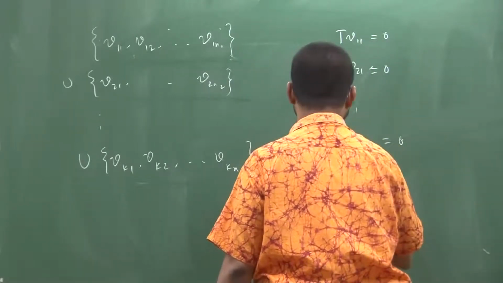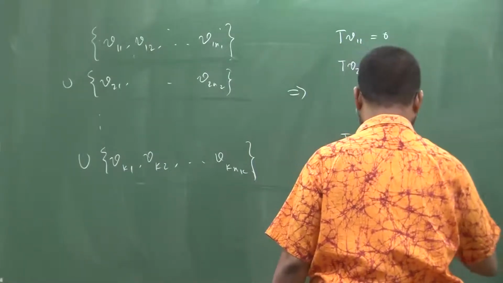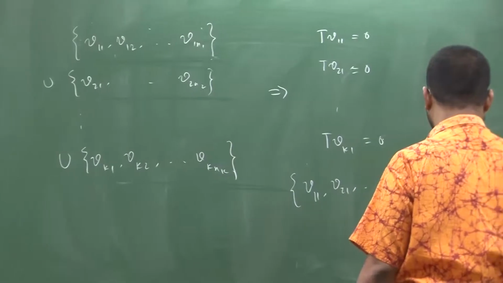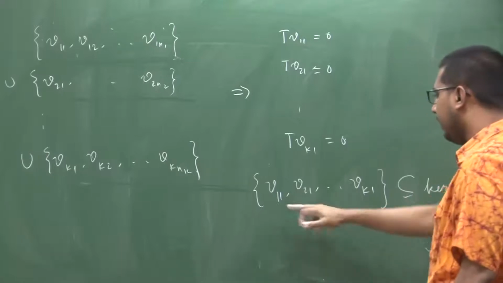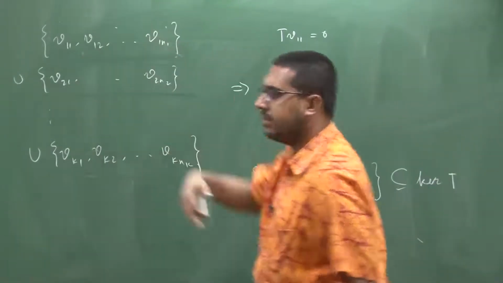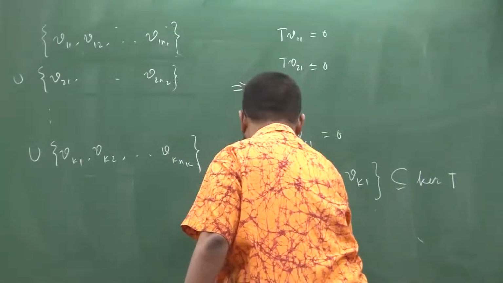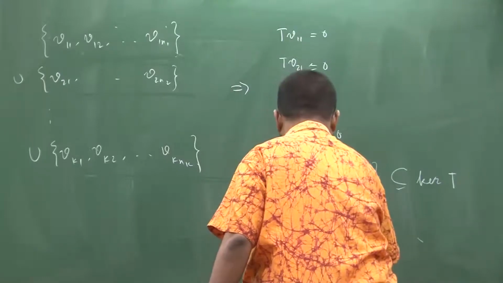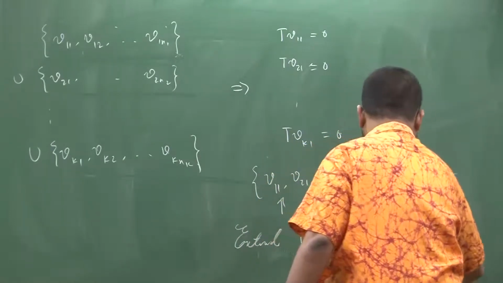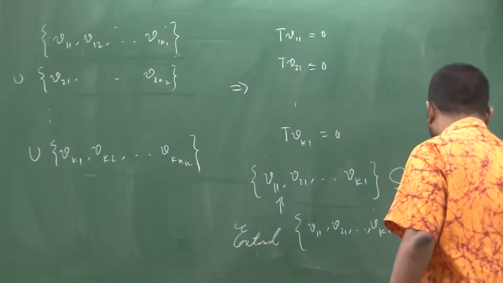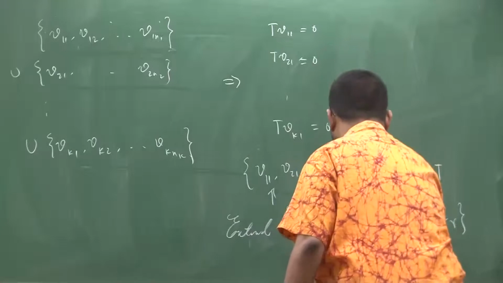So, v11, v21, up to vk1 all lie inside kernel T, and they are linearly independent because they are part of the basis. So, we extend this by Z1 up to ZR.